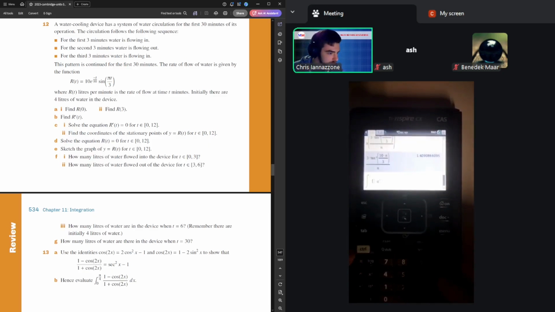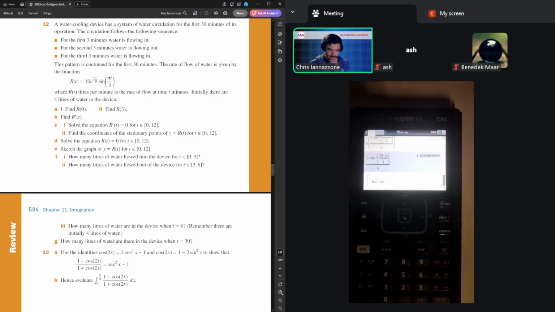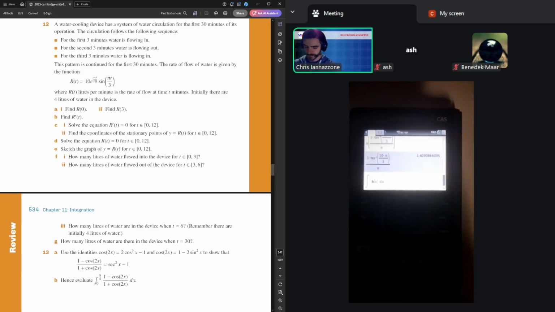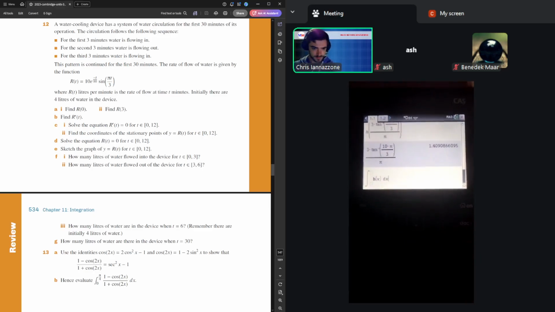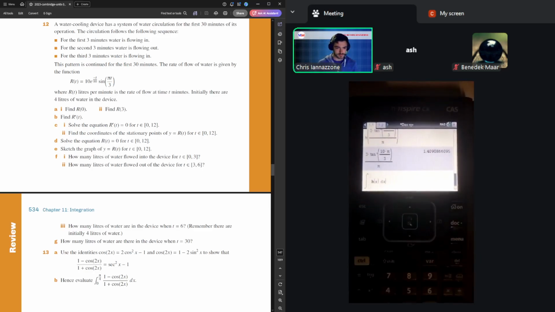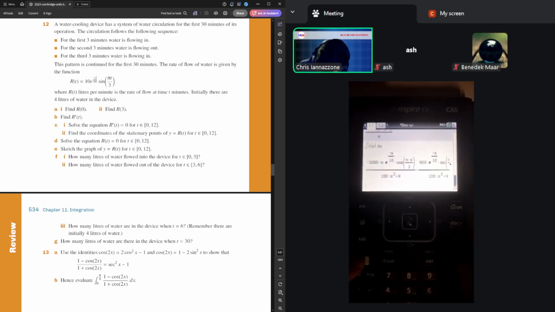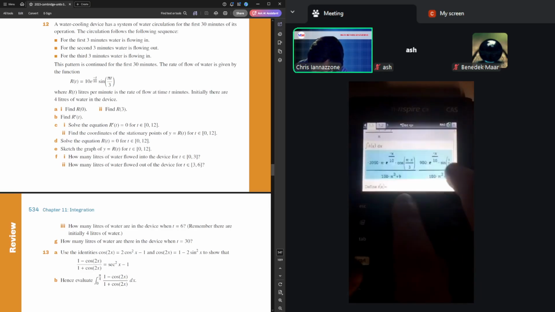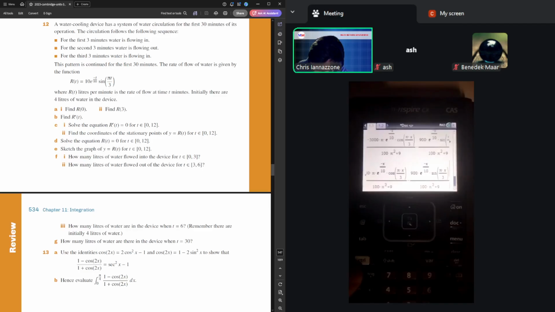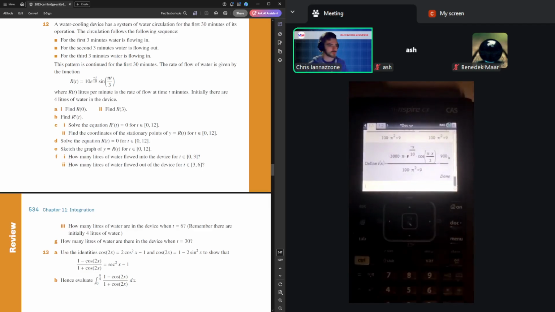What's the significance of the 0 to 3? Okay, no worries. So the significance of the 0 to 3 you can interpret in a couple of different ways.